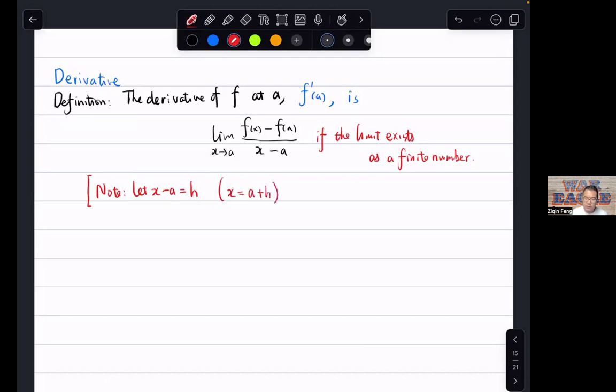Quite an easy substitution. And as x is getting closer and closer to a, then h will get closer and closer to 0, because that's their difference. So x is getting closer and closer to a if and only if h goes to 0.